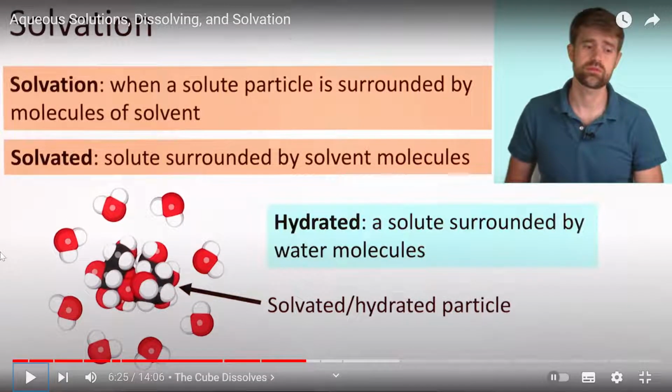Okay, so what is solvation? Very good. It's when the solid particle gets surrounded by the molecules of the solvent. And when that happens, we say that the solute is solvated.